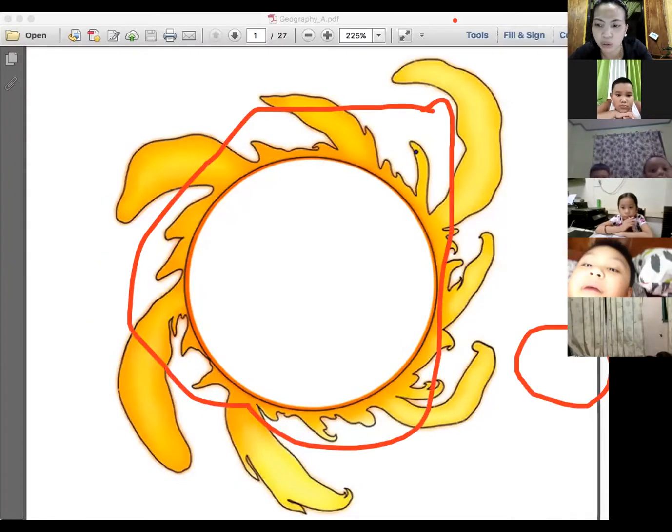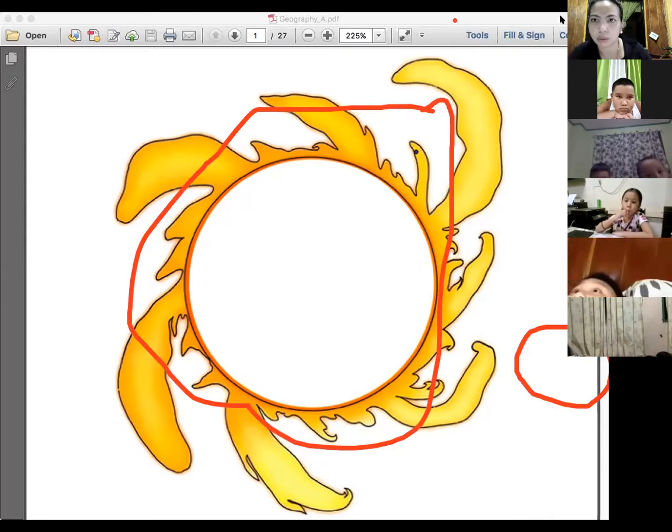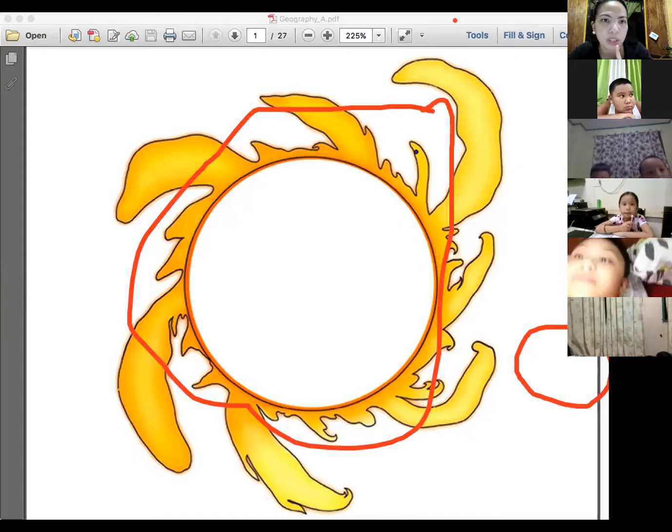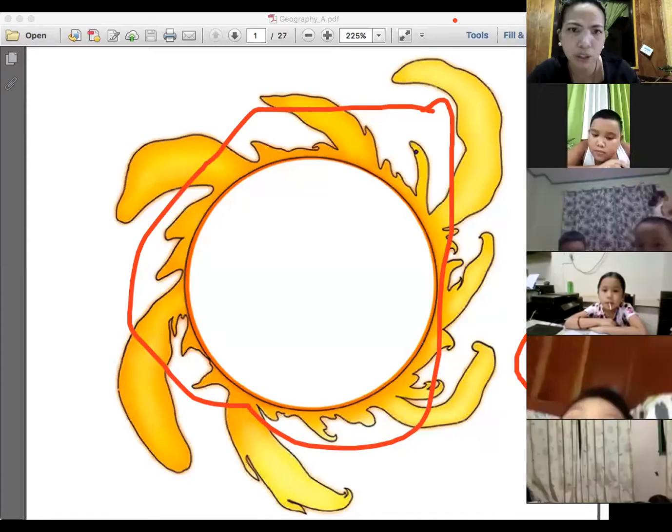How do I get back to Zoom? Okay. So now I will pause my share. Okay, I think I am doing correctly. And I have another chart to show you.